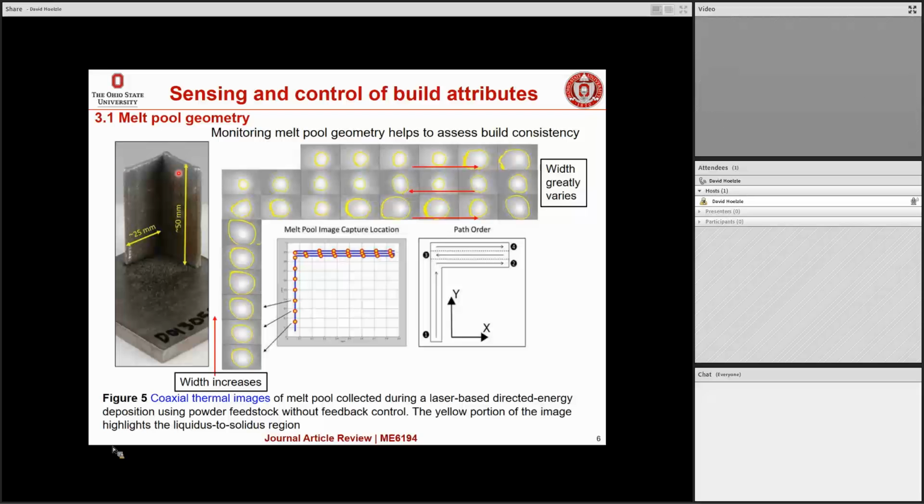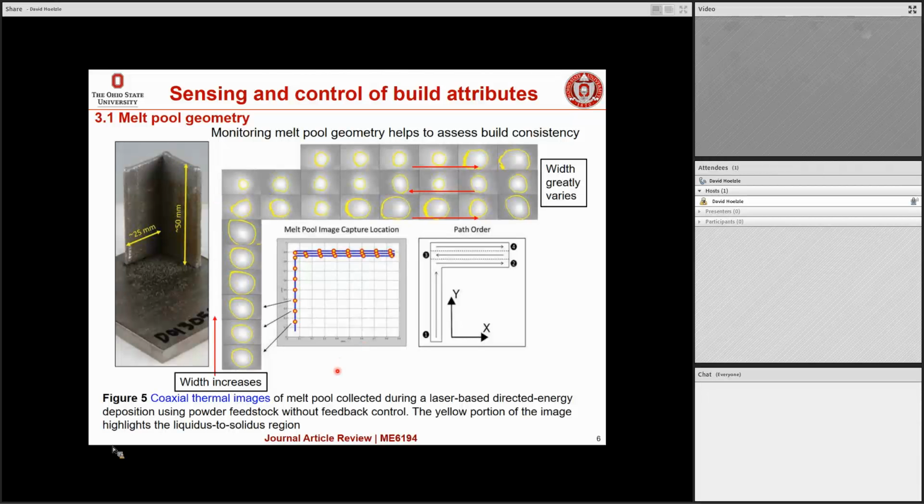Even from the actual picture, this great variation can relate to the variations in the build heights. Let's see here, the heights are different.